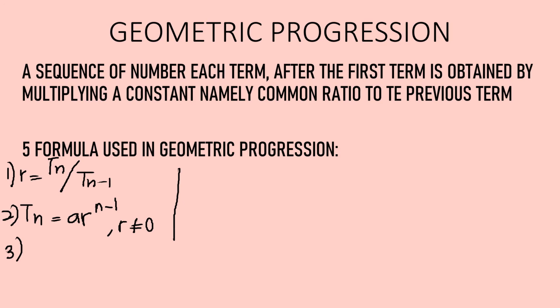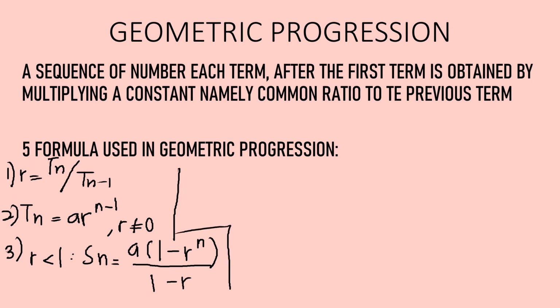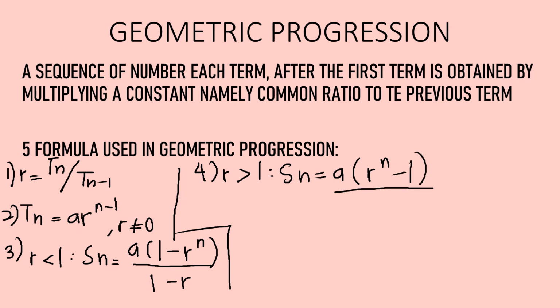For the sum of the first n terms, when R is less than 1, the formula is Sn equals A bracket of 1 minus R power of n, over 1 minus R. If R is more than 1, the formula is Sn equals A bracket of R power of n minus 1, over R minus 1.